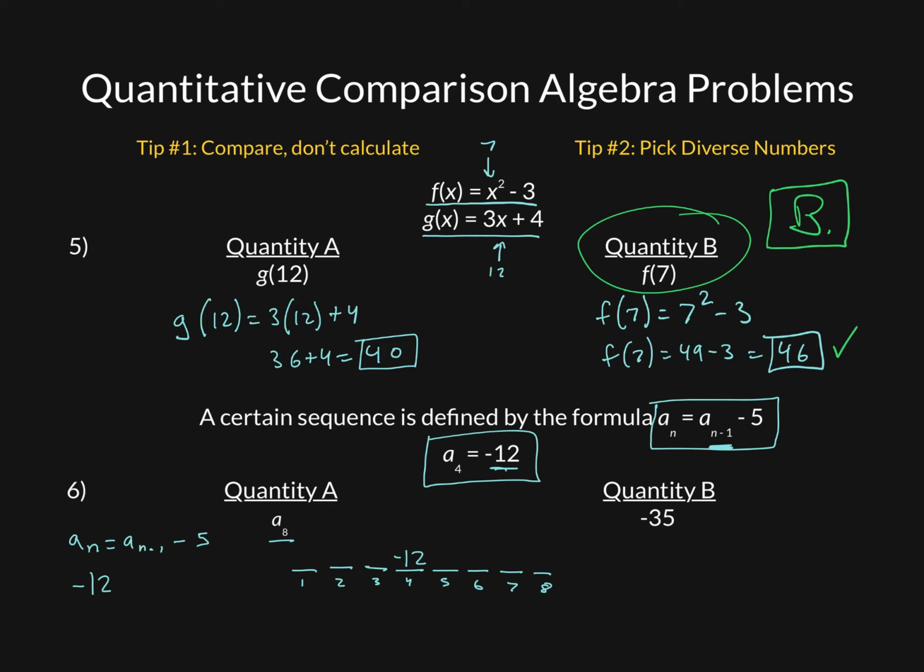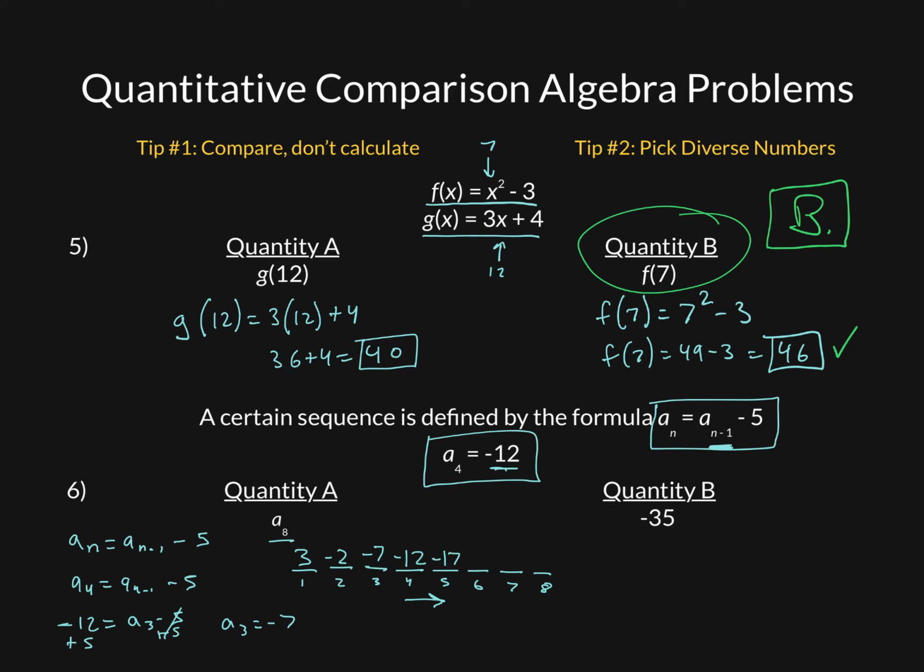So a4 equals a4 minus 1 minus 5, which is a4, we said, is negative 12. a4 minus 1 is just a3, minus 5, plus 5 on both sides. We know that a3 would be negative 7. So if we want to go backwards, we're just going to add 5 again. And if we want to go forward, we're going to just keep subtracting 5.